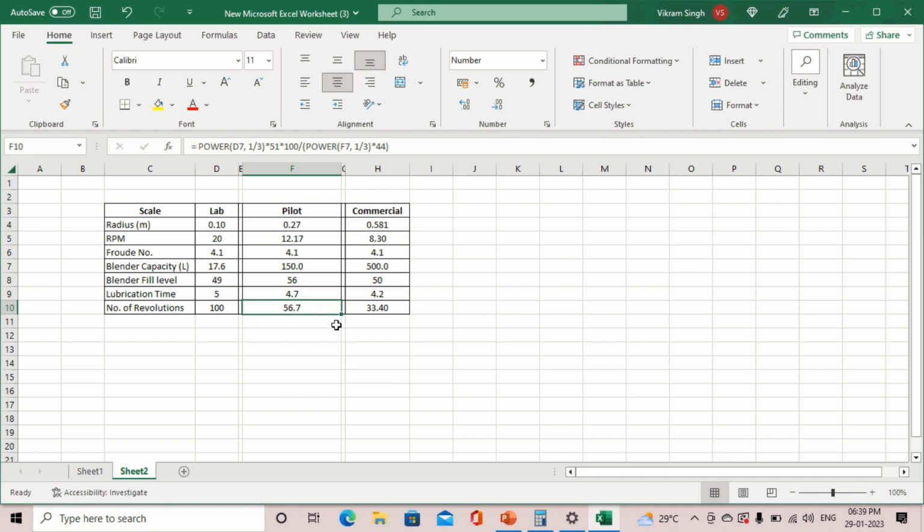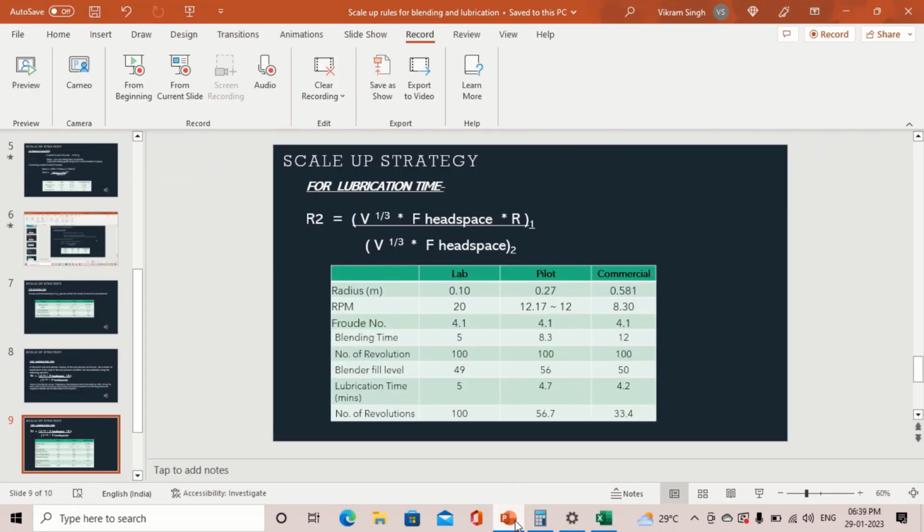So this is the approach which we will use to calculate the lubrication time, so that we should not over mix the hydrophobic excipient, so that we get constant blend characteristics. So we use this equation to calculate the lubrication time. For blending, we will go with the number of revolutions approach. For the lubrication, we will go with this approach.